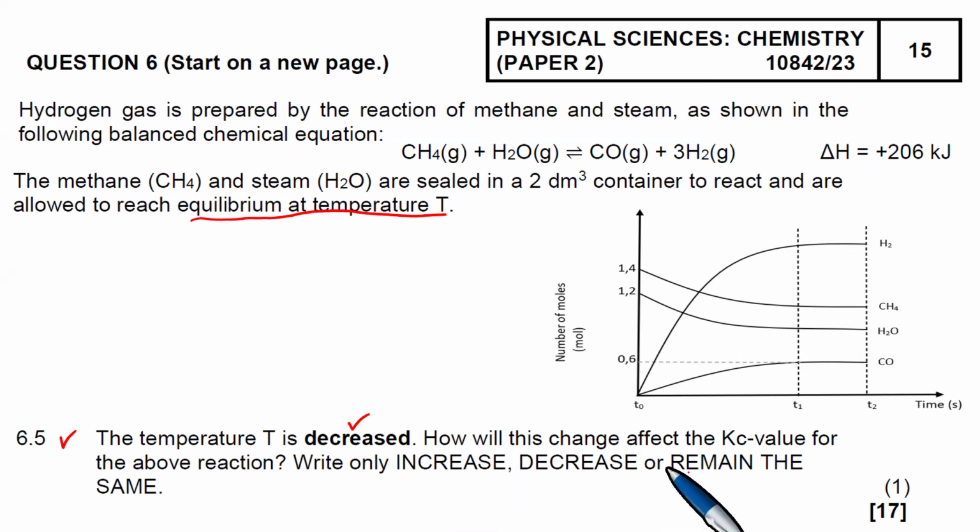How will this change affect the Kc value for the above reaction? Let's reason this together. The examiner wants to know how the Kc value is going to be affected. We need to write the words increase, decrease, or remain the same.